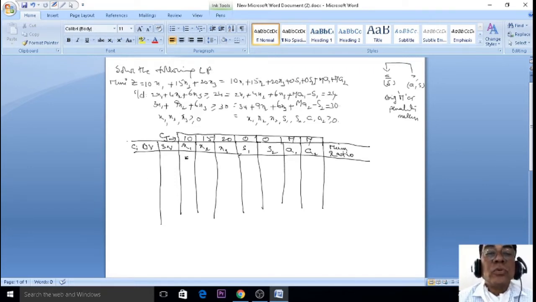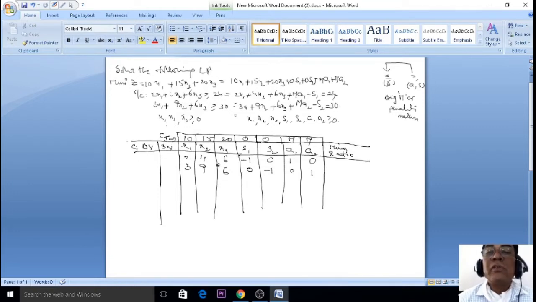Enter the coefficients: 2, 4, that is 6, minus 1, no s2, 1 and a2 is 0. Go to the second equation: 3, 9, 6, no s1, but s2 is minus 1, 0, 1.